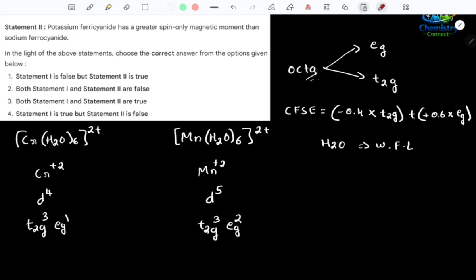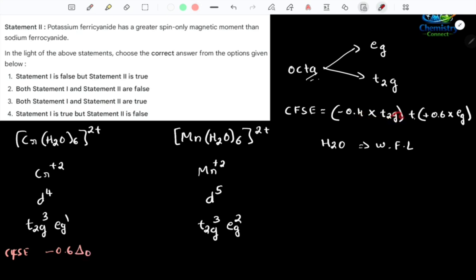Now for this formula, t₂g has 3 electrons, so substituting, we get minus 0.4 into 3, and Eg has 1, so 0.6 into 1. The crystal field stabilization energy will be minus 0.6 delta naught.